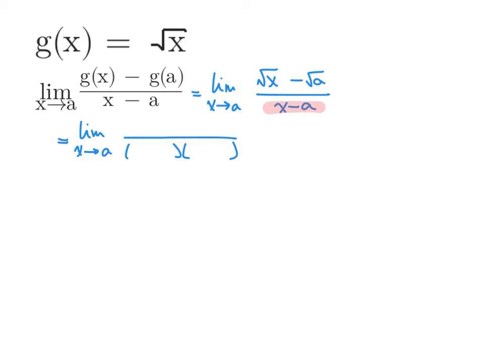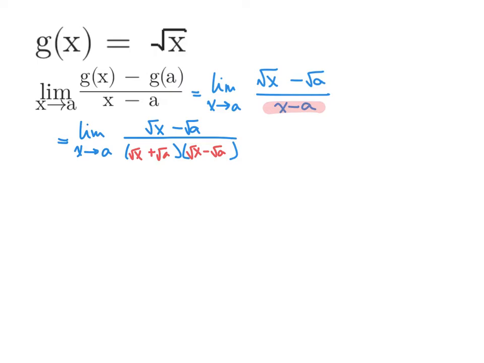So we can factor that one as well into a plus and a minus, which is what are the terms in there. And it has to be the square root of each of those. So we'll have square root of x, square root of a, and then square root of x minus square root of a. In my numerator, that's just the same.